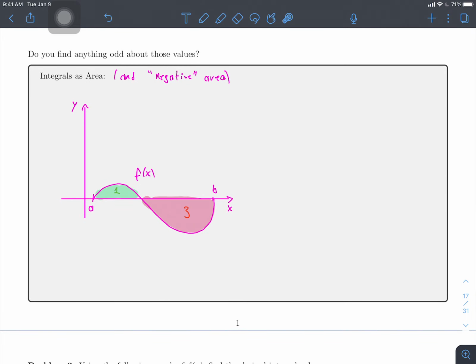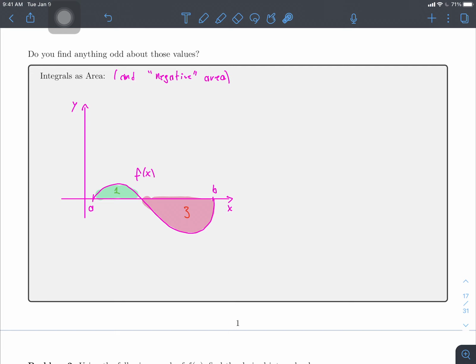Okay, so we've kind of mentioned so far that if we were to do the integral from a to b, then we just take this function and we check what is the area underneath it. And by underneath it, we meant between it and the x-axis, right? We just want to count up what is that area.